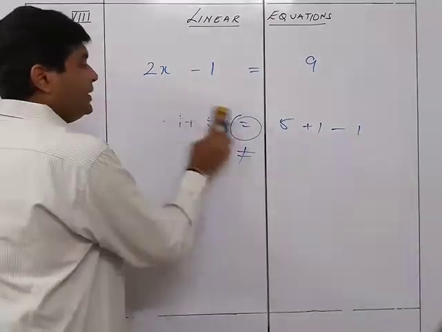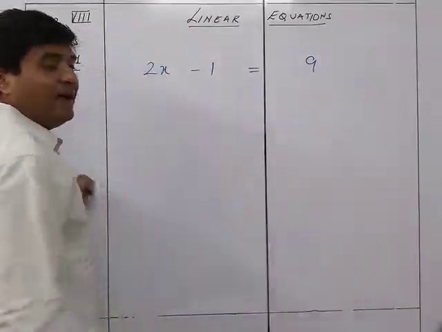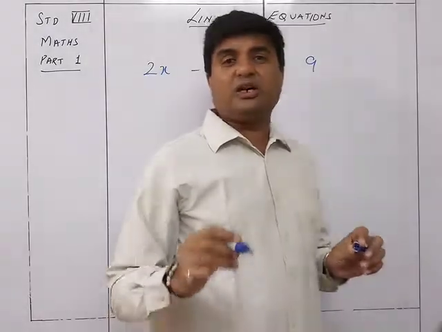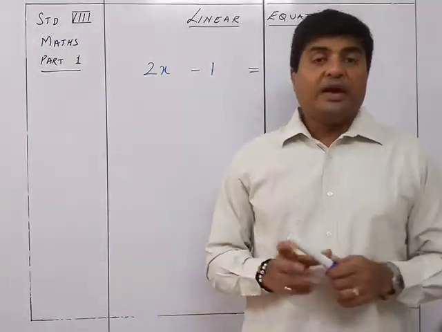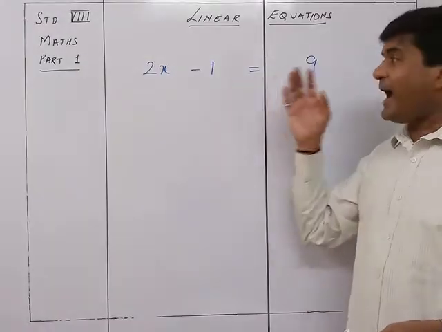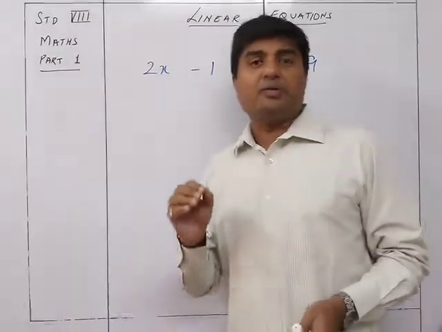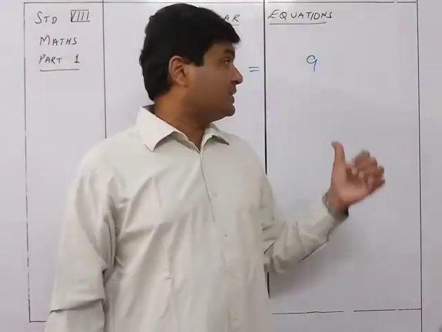So it is seen that whatever I do to the left hand side, I will have to do the same procedure to the right hand side. If I am adding a number to the left hand side, I will have to add the same number to the right hand side. If I am subtracting a number, I will have to subtract the same number on the right hand side also.